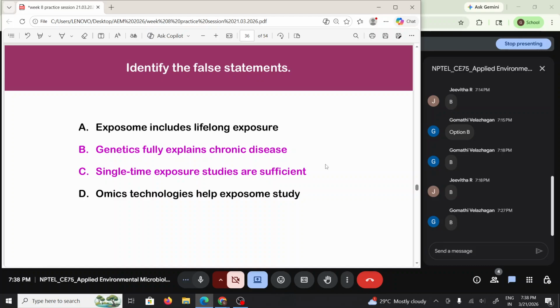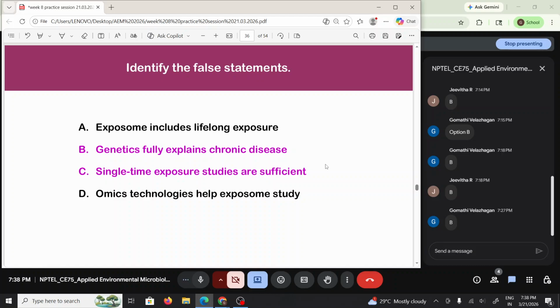And single-time studies are not sufficient, because the exposome is a lifelong concept and there is going to be temporal variation in the exposure over time. Therefore a single-time exposure study is not sufficient, and omics technologies are essentially used in exposome studies.